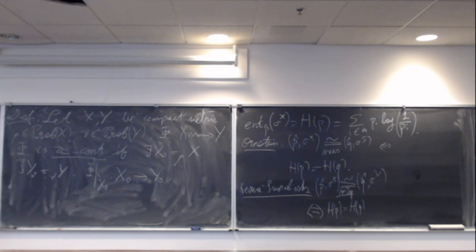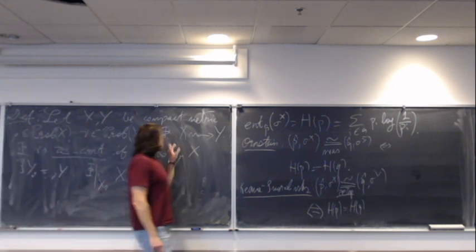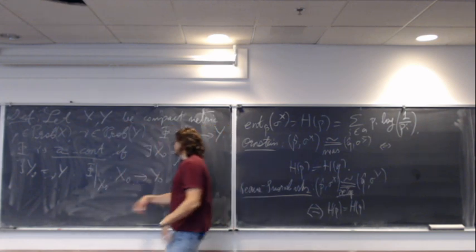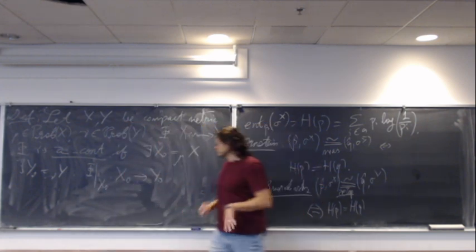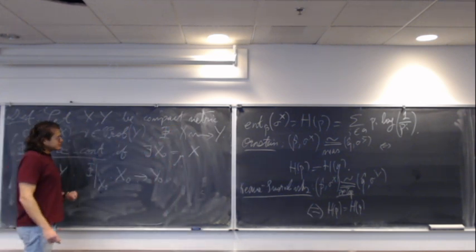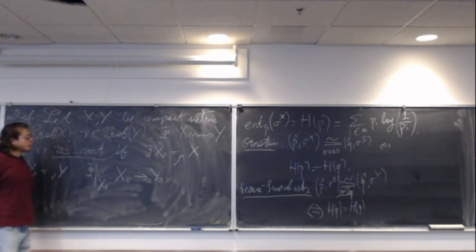To be more rigorous, I should be worried about the domain of this function, and I should be taking the intersection of X0 with the domain and so on, but let's not worry about that. And if I have an a.e. continuous function whose inverse is also a.e. continuous, that's called an a.e. homeomorphism.